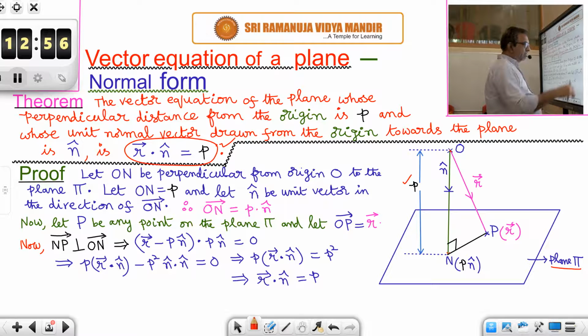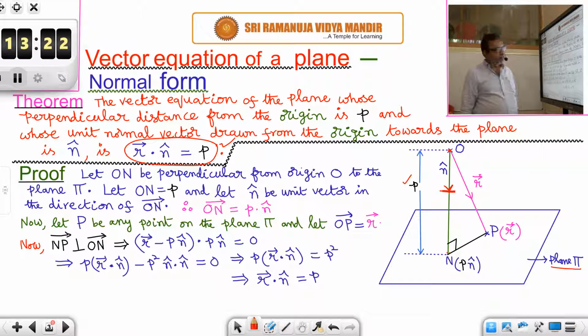In this direction, from O to N, n cap is a unit vector up to here only. From O to this point it is one unit. A unit vector means a vector of magnitude 1 unit, is it not? So if I put an arrow like this, it is n cap.